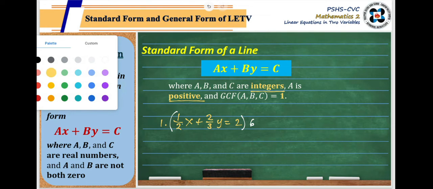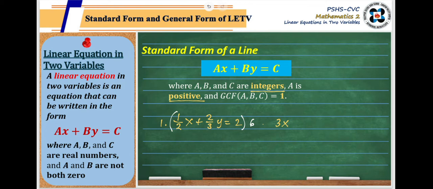So you have 1/2 x multiplied by 6 is 3x. And then 2/3 y multiplied by 6: 6 divided by 3 is 2, times 2 is 4, times y, plus 4y. And then 6 times 2 is equal to 12. Okay?